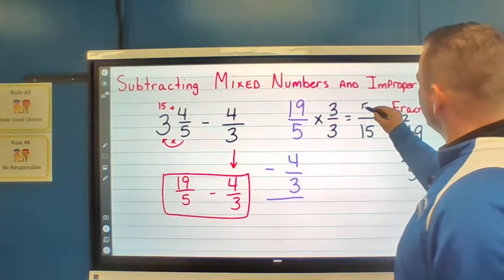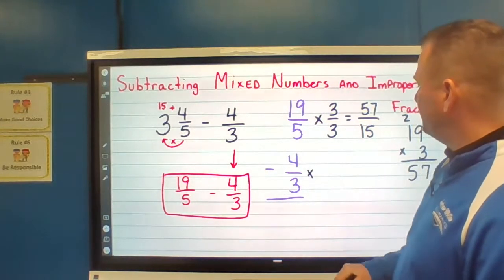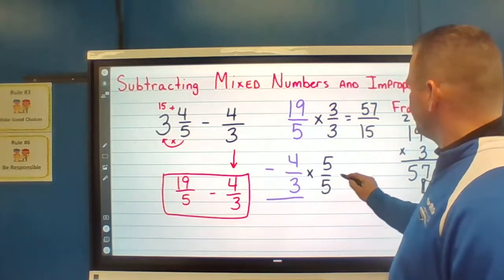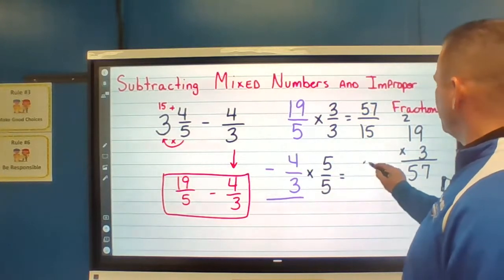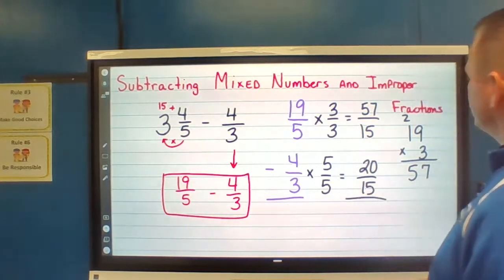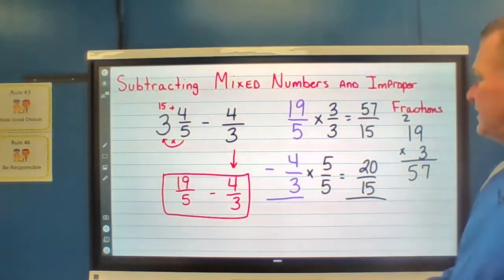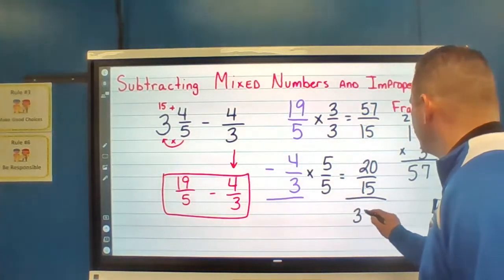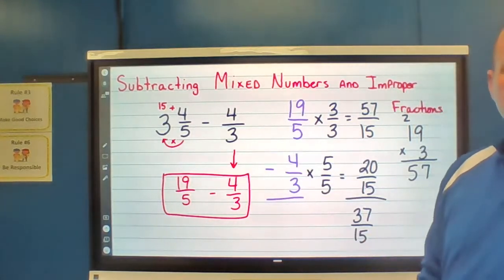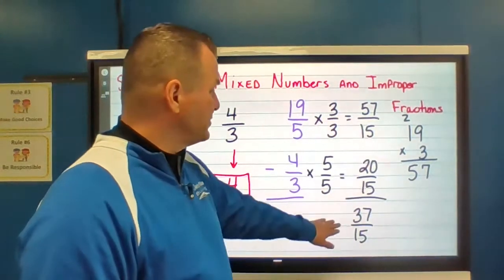So it's 57. 57/15. Now let's get him to 15, and that would be 20/15. Well, 57/15 minus 20/15 is 37/15.